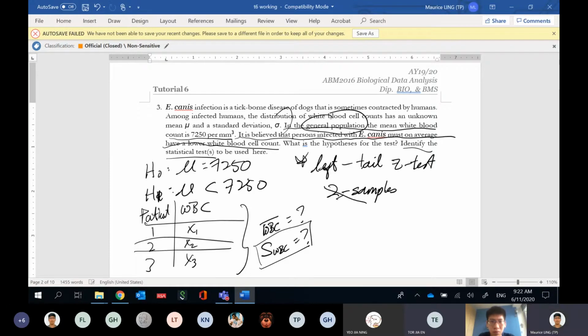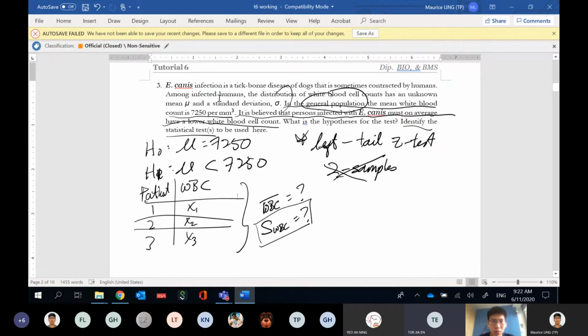So this is wrong. Then how to use the t-test? You just use a one sample t-test.